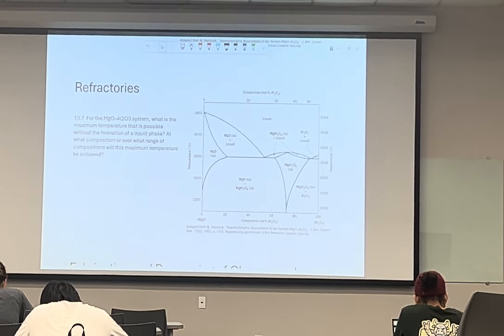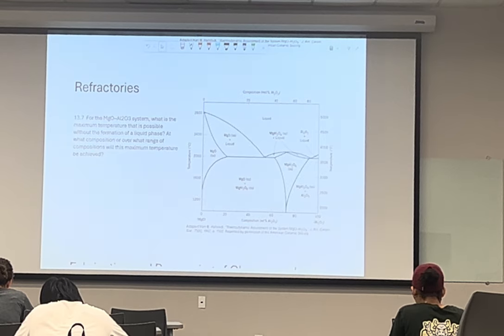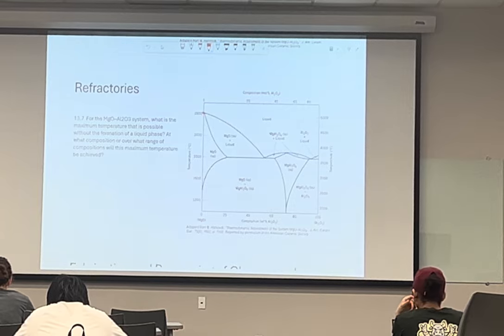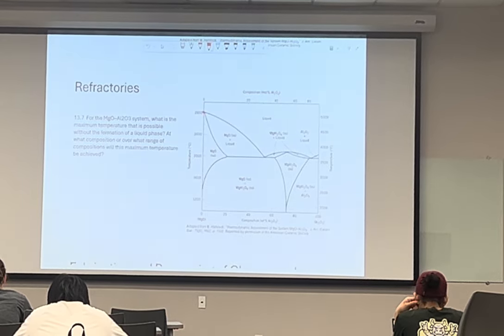Okay, so looking at the chart, the maximum temperature that we can see without the formation of a liquid phase at all is approximately way up here. By the time it becomes a liquid, it'll basically have to go over 2800 Celsius. If you go anywhere else across all this, obviously it's going to be much less. So essentially we just need a pure magnesia system for this question.